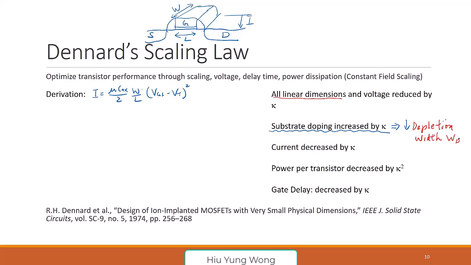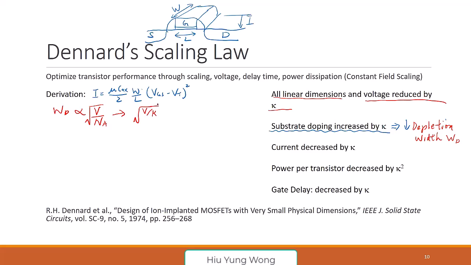Now let's go back to the depletion width equation, WD. It is proportional to the voltage and inversely proportional to the doping. So what did we say about the voltage when we do the scaling? What do we say for Dennard? Reduced by copper, right? So it becomes V divided by copper.